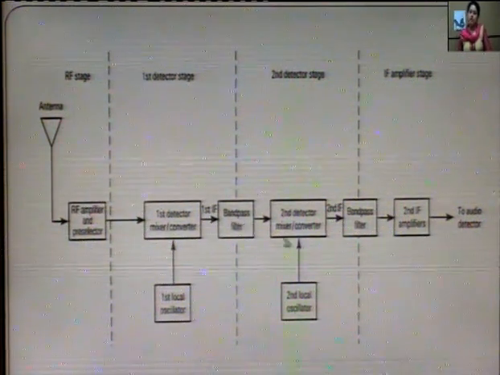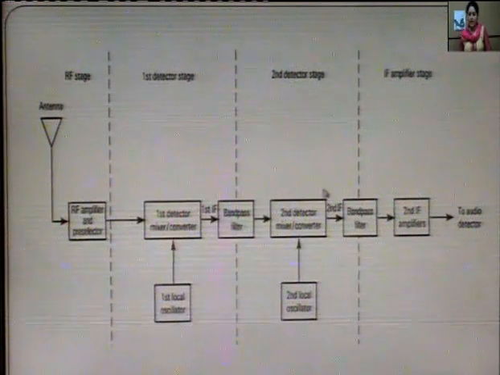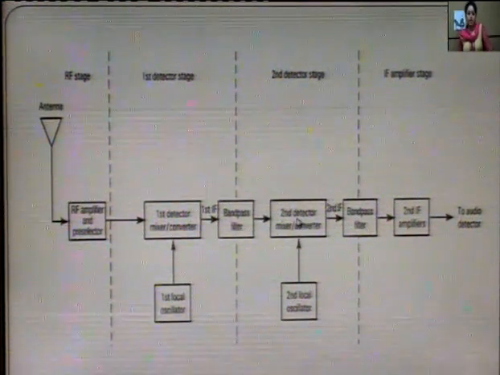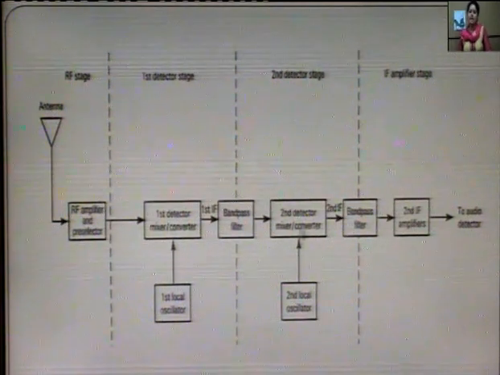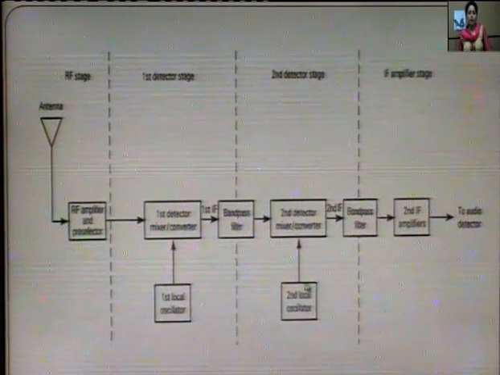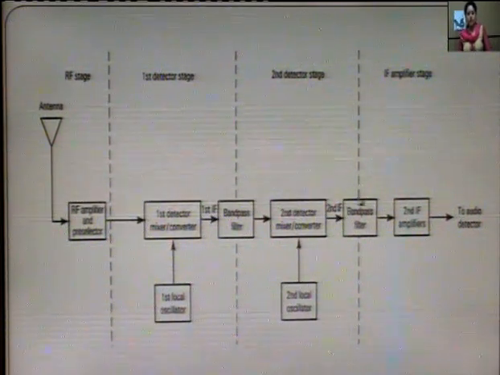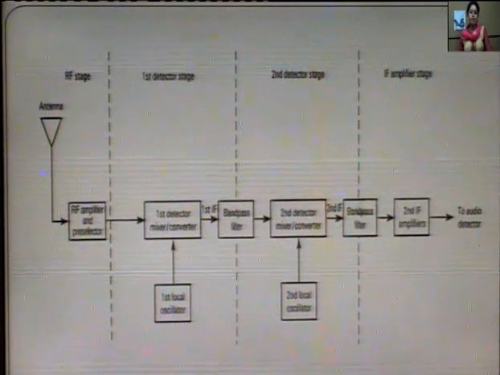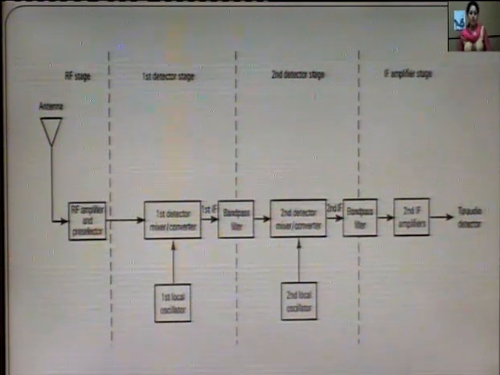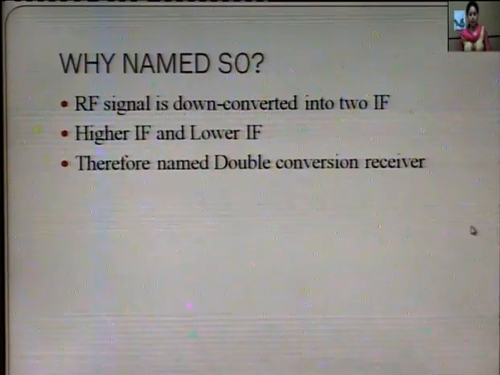After this band pass filter, you are again having a second mixer, that is the second detector stage. This again down converts your frequency into the second intermediate frequency, and the second input is again from an oscillator, and again it is given to your band pass filter. After that the signal is given to the IF amplifiers and further to the audio detector.